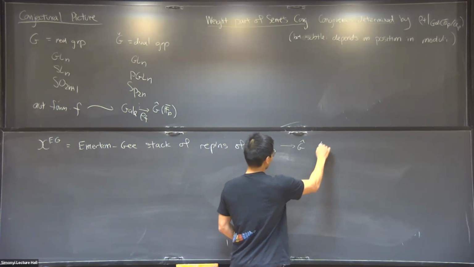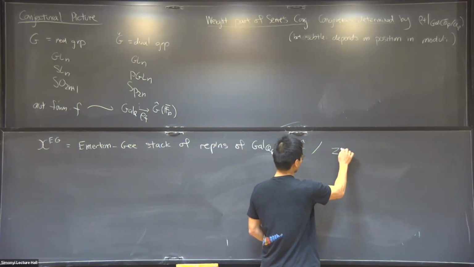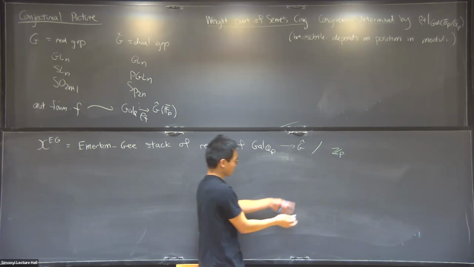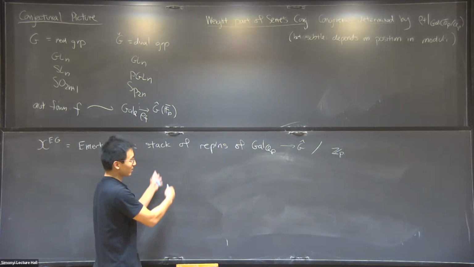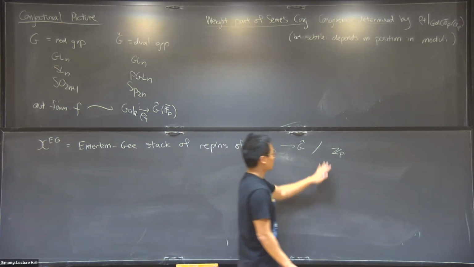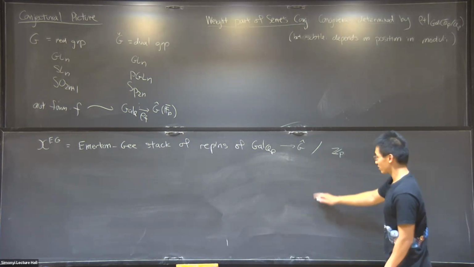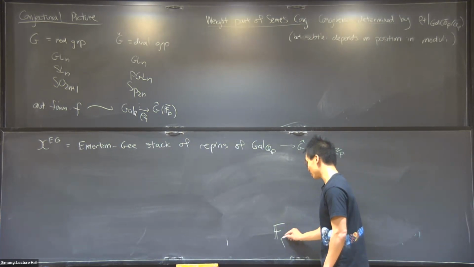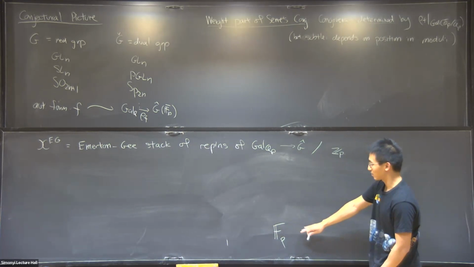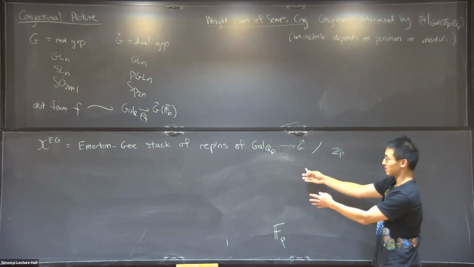Well, it's a thing over Z_p. I'm interested in representations with Z_p coefficients. It's actually supposed to be a formal thing over Z_p, but I'm going to pretend that it's really over Spec Z_p. And in particular, you can look at its special fiber, its characteristic p points or characteristic p substack.